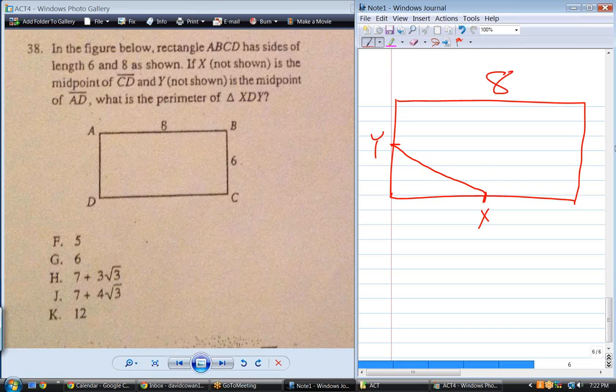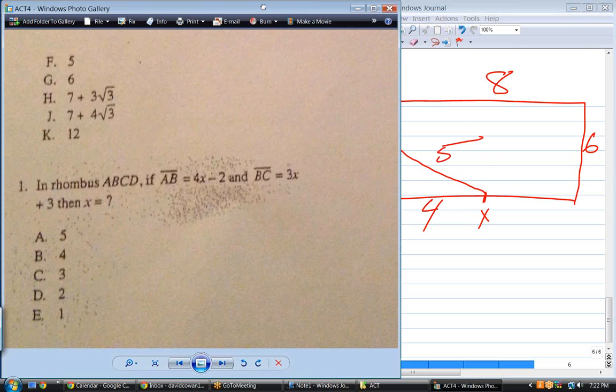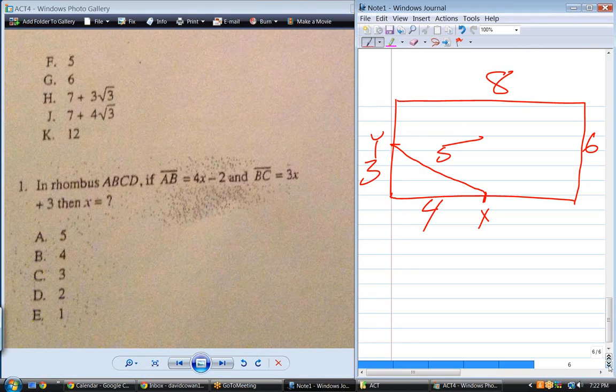Perimeter is 12. So this is 4, that's 3, that's 5. You're way ahead of me. Okay. Good. There was actually a 1. This is the first 1 we've seen.